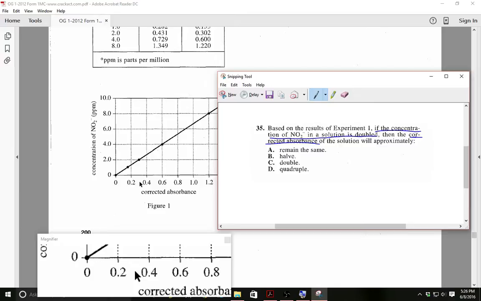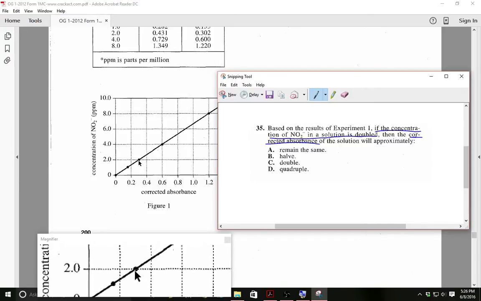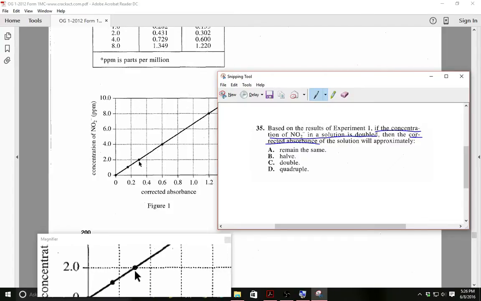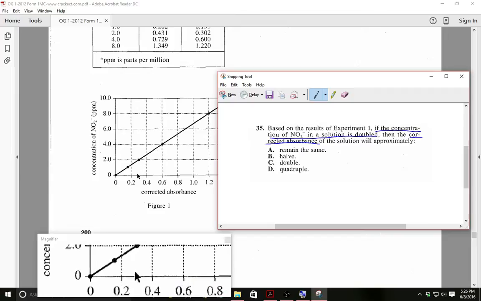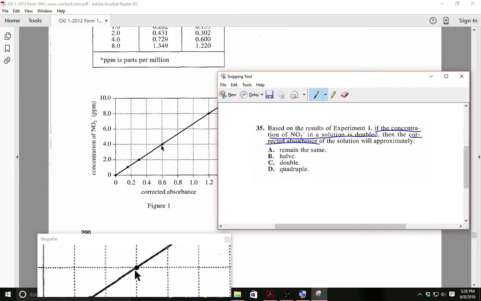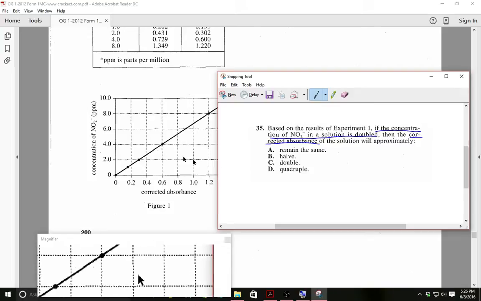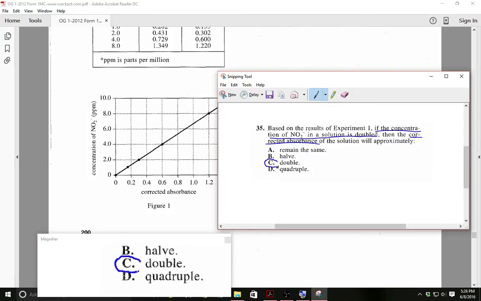We've got 0.3 for the corrected absorbance at 2 ppm, and then when we go to 4 ppm it's 0.6 for corrected absorbance, which is double 0.3, so the answer is C, it should double.